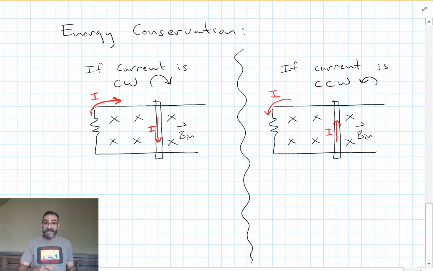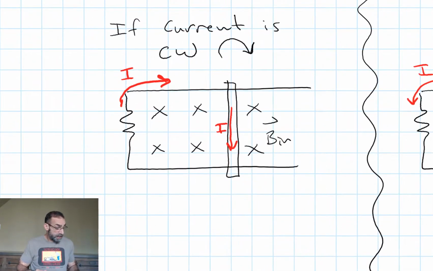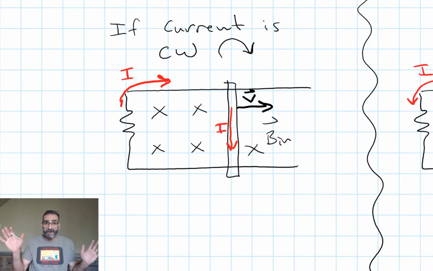Okay, so we'll look at the situation on the left first. We'll pretend that when we move this bar, the bar has to be moving. The bar was moving, what direction was it moving? To the right. So if the bar is moving to the right with some speed v, and if the current started running in the clockwise direction, let's pretend we don't know which one.